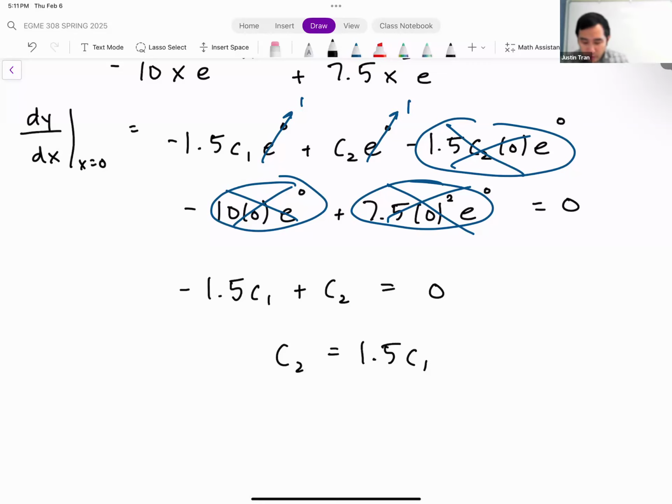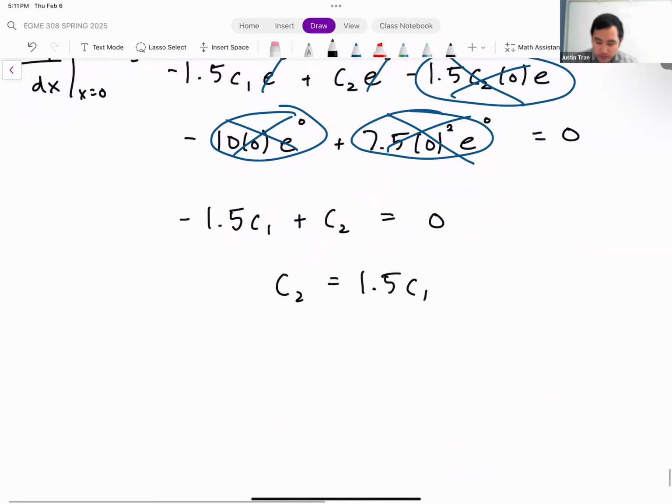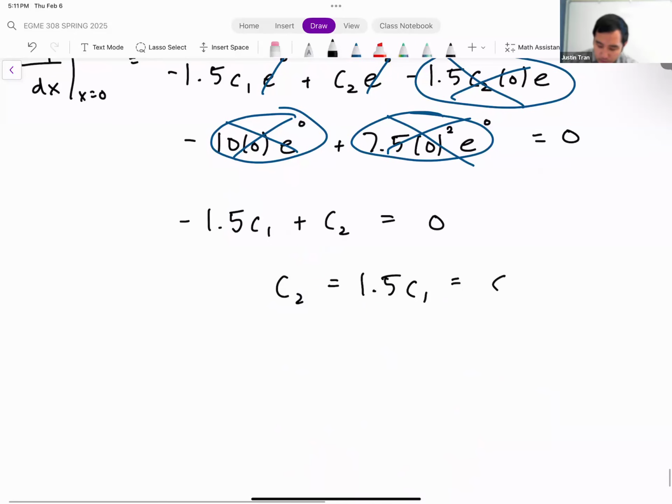We know c1 that we just got from the first part here. We know c1 is equal to 10. So that means c2 is equal to 15. All right. So now that we have formed our full solution, we can go ahead and plug everything back in.